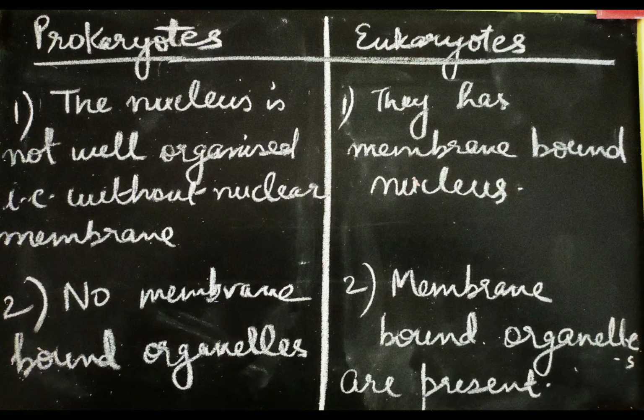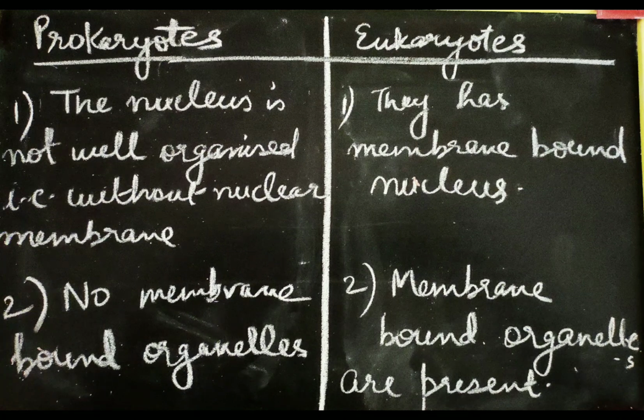The organisms that contain prokaryotic cells are known as prokaryotes, and the organisms which are made up of eukaryotic cells are known as eukaryotes. Now we are in a position to differentiate between these two types of organisms as well, prokaryotes and eukaryotes. Prokaryotes are the ones where the nucleus is not well organized, or you can say that the nucleus is without the nuclear membrane.